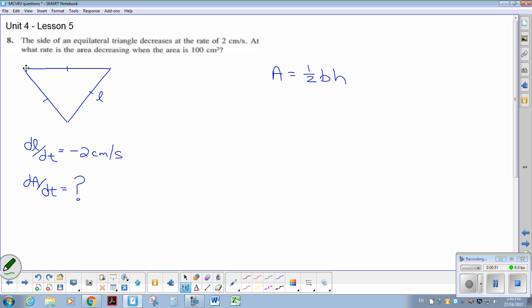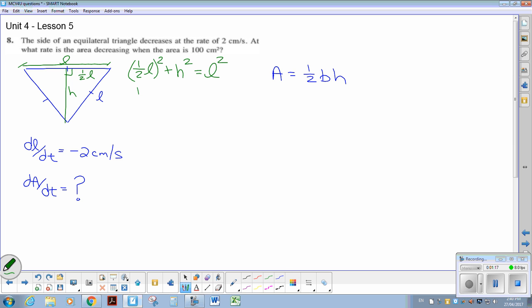From this triangle, I know that my base is going to be L. My height, though, I have to find in terms of L to make life easier. From the Pythagorean theorem, (1/2 L) squared plus h squared will equal L squared.